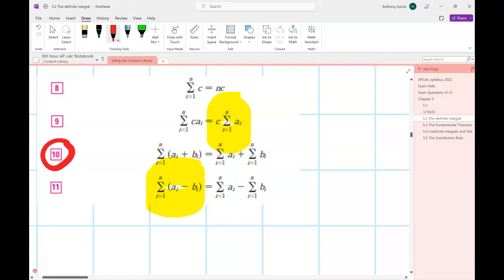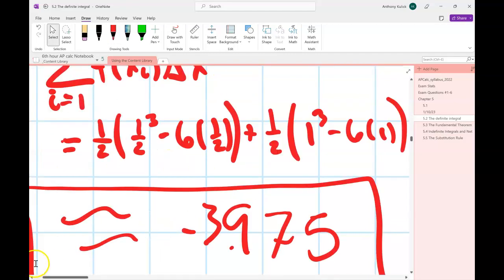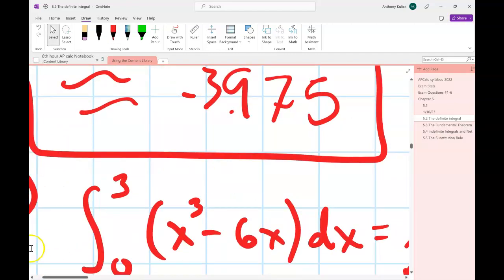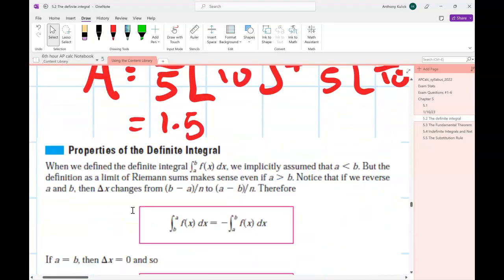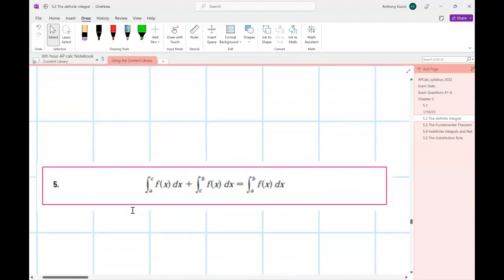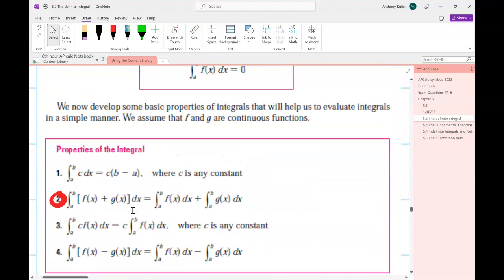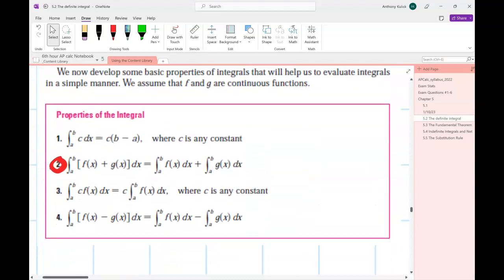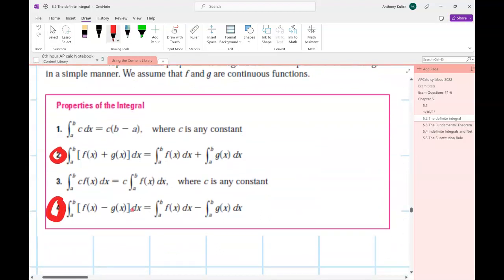This is the exact same property that we were seeing for summations. Are we surprised by that? No, because what is an integral really? A sum, right? It's still just a sum. So that's pretty obvious. Okay. And we can say the same thing about subtraction.